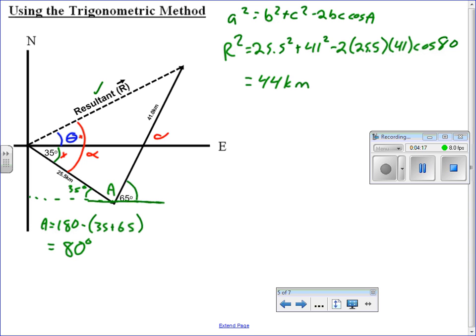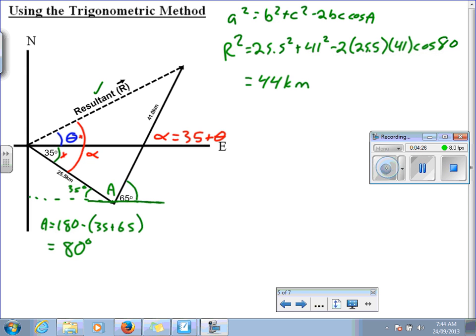I'll write that over here. So we figured out that alpha is equal to 35 plus theta. Now we just have to figure out what alpha is in order to get theta. And to get alpha, we use the sine law.